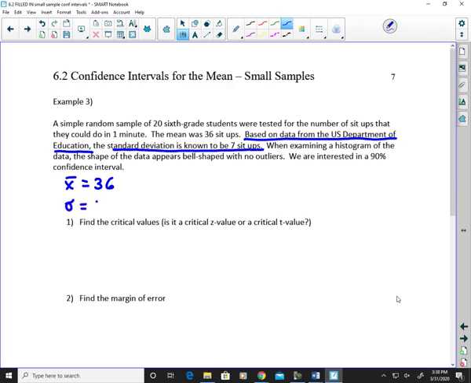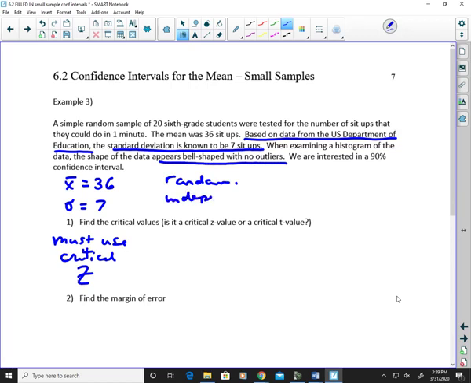So, aha, that means we must use critical Z. So we're going to have to use a critical Z. But it is bell-shaped with no outliers, satisfying that normal condition. So we did have something that was random. I would say that we are independent.